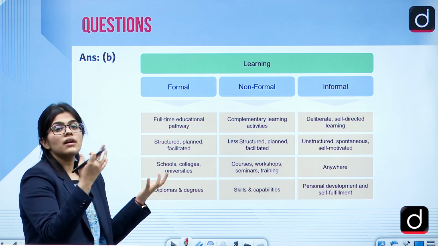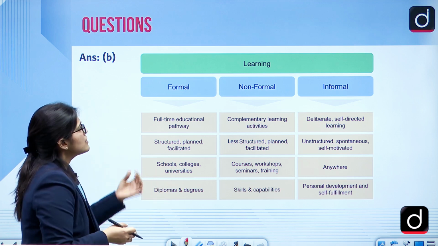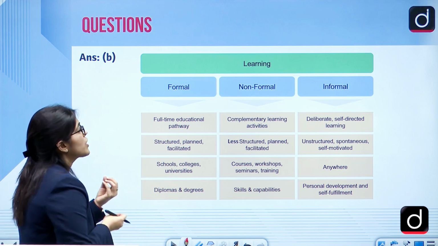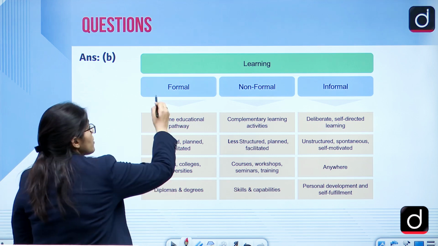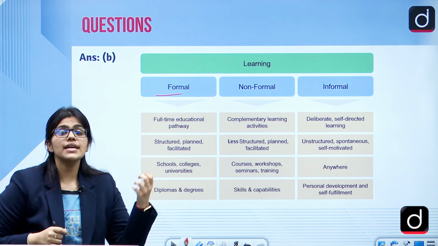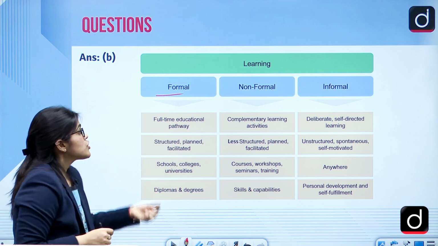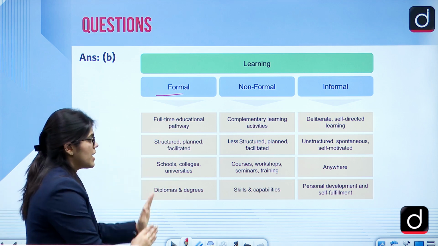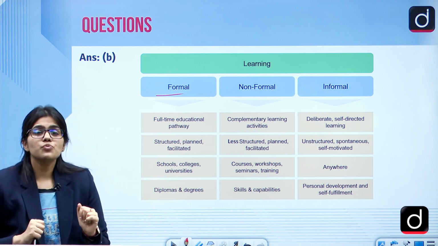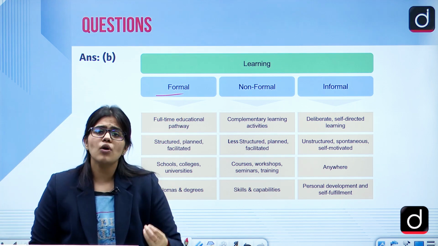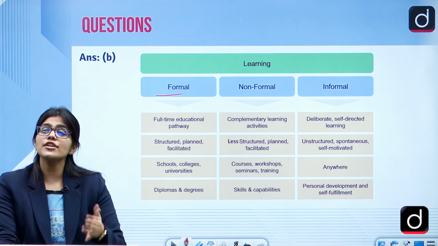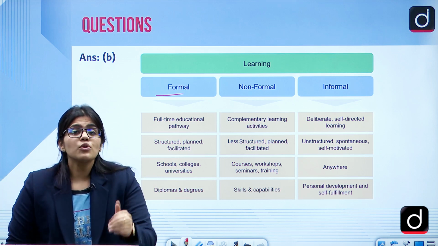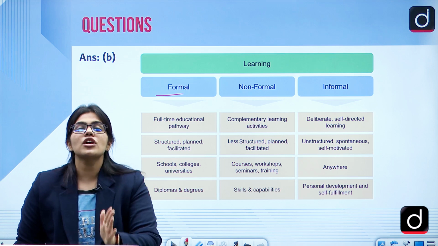So again coming to the point, there are three kinds of learning or education that are happening. There is formal, there is non-formal, and there is informal, right? So what do you mean by formal education? Formal education is what we used to have in school and in colleges, that is with a fixed set of curriculum. We know that we have to study in a very structured manner.